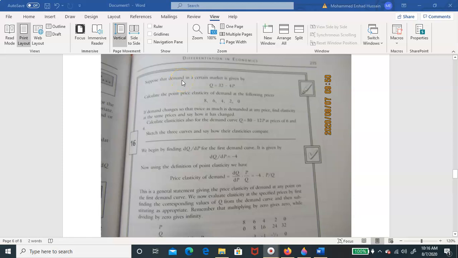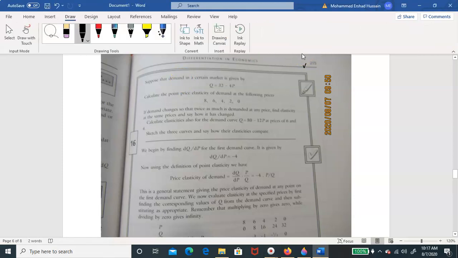Now let us continue. This is page 215, and this is differentiation. Suppose that the demand in a certain market is given by q equal to 32 minus 4p. We said before that q was a function of p, and if p changes, q will also change.